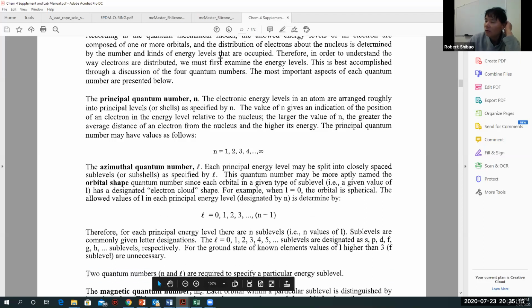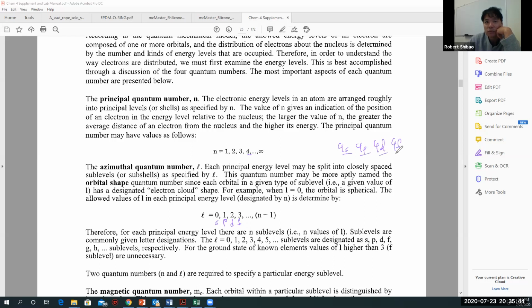And so this is what we can do here, just briefly. If n equals 4, then I'm going to have an S, so I'll have 4S. I'll have a P, a 4P. I'll have a D, 4D, and I'll have an F, a 4F. So I expect to see a 4S, 4P, 4D, and 4F.